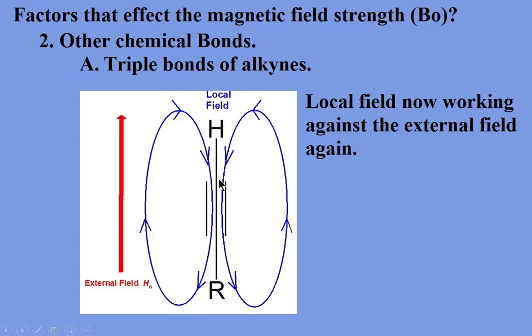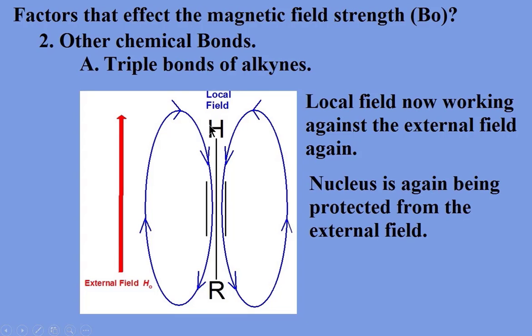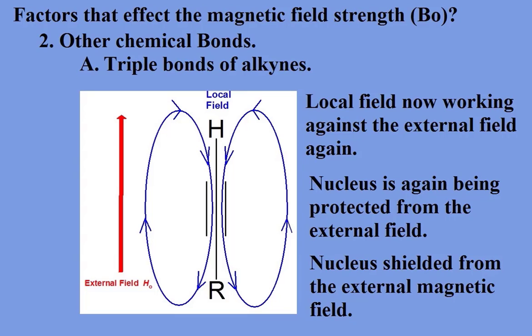It's trying to diminish the external magnetic field, and so it's protecting the hydrogen nucleus once more from the external magnetic field. Whenever this happens, we refer to it as a shielding effect.